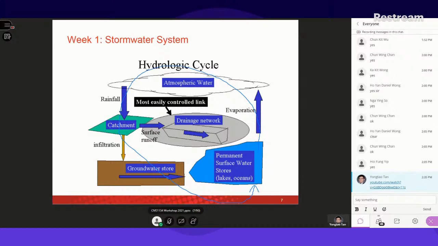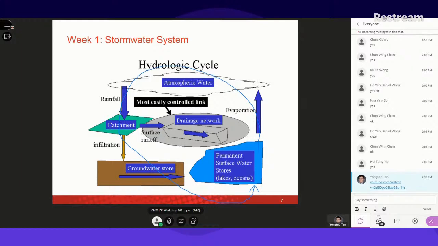We can see that the driving force for the cycle is provided by the sun, through evaporation. The water quality also changes through the cycle.